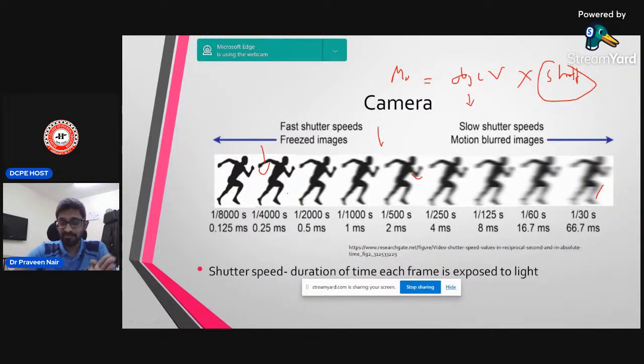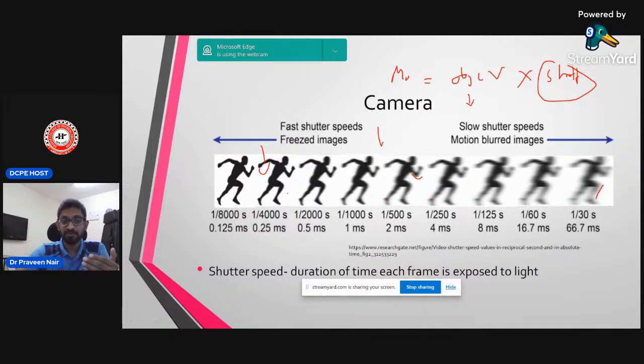But here is a catch. If you increase the shutter speed, that means the shutter is open for a very small time. That means your lighting has to be proper. That is one of the things you have to sacrifice.